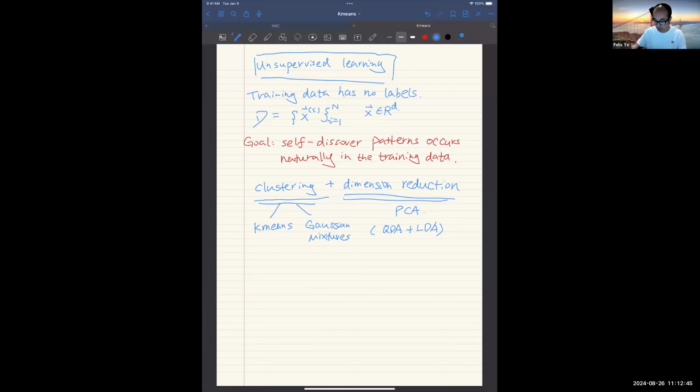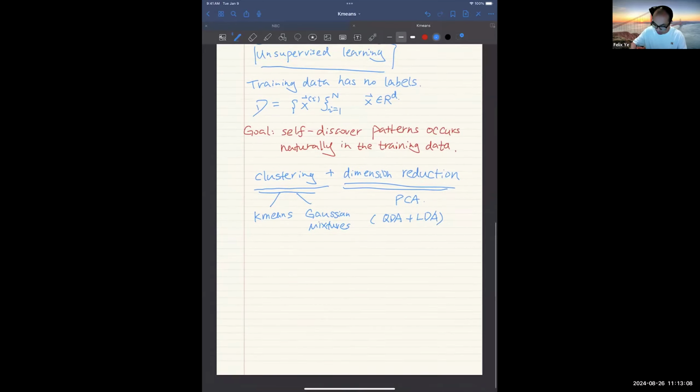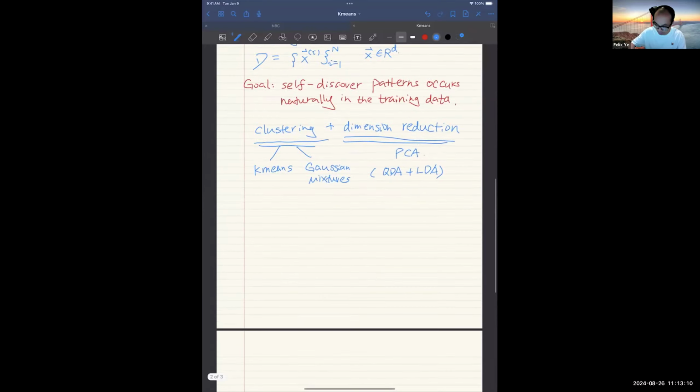But the focus of this whole course, 592, is that we need to implement these methods from scratch and understand all the algorithms very carefully: all the math, all the derivations, and all the implementations from scratch. So let's focus on clustering first.